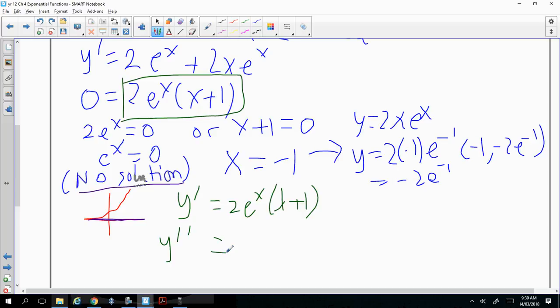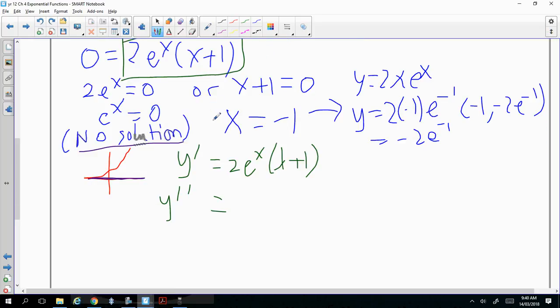Continue with that. So we get 2 e to the power x, we differentiate the first, leave the second, and then leave the first, differentiate the second one. And if you do that, there's a common factor of 2 e to the power x. And maybe you see a pattern there, x plus 2, right?